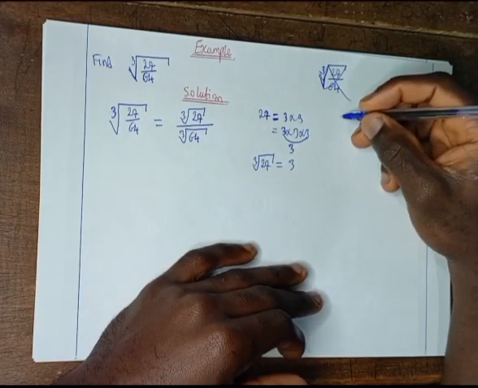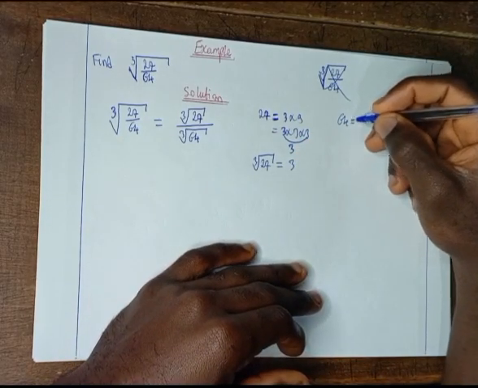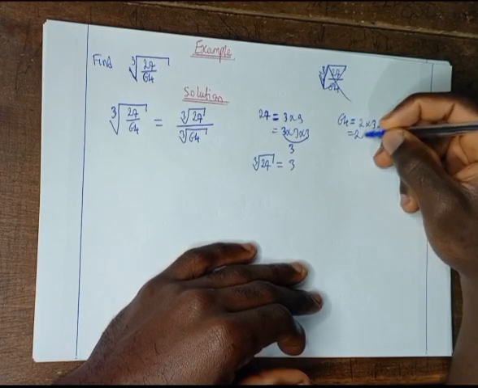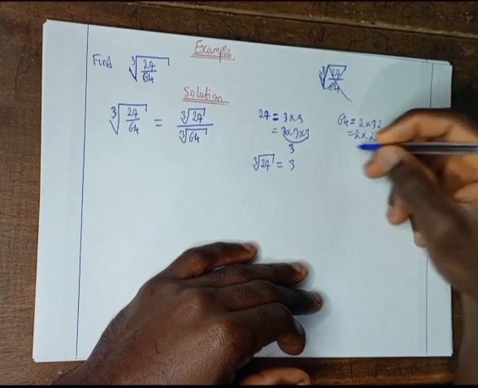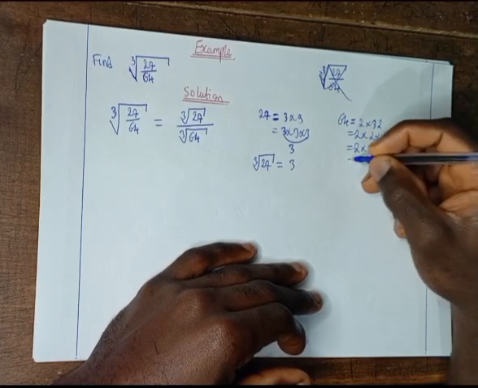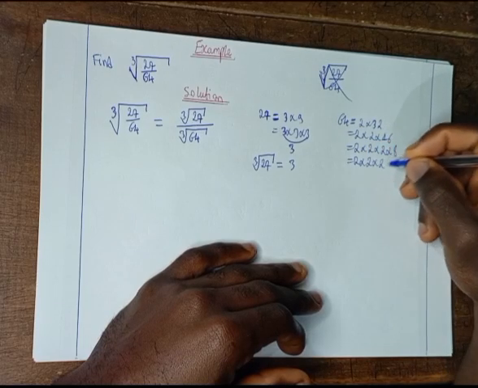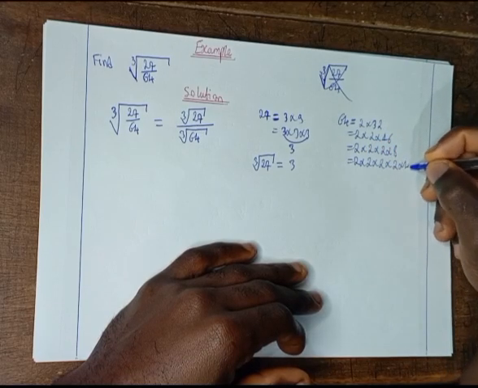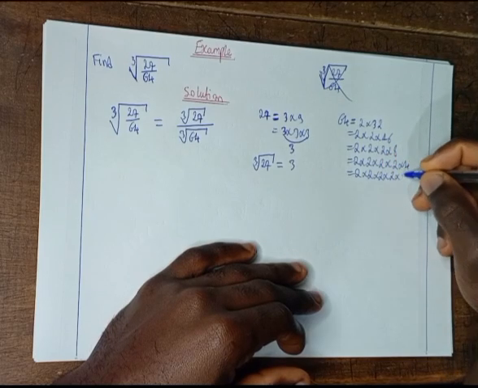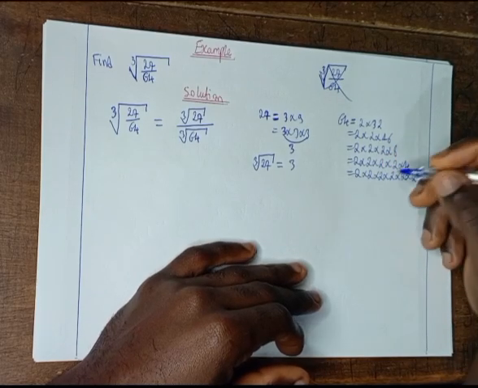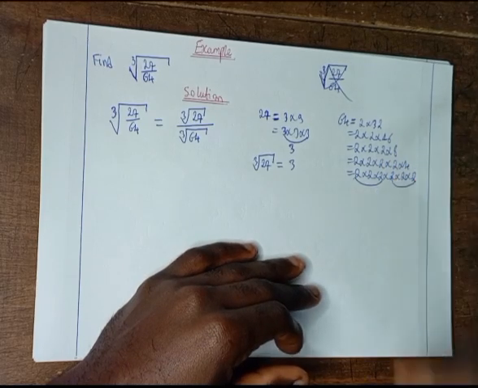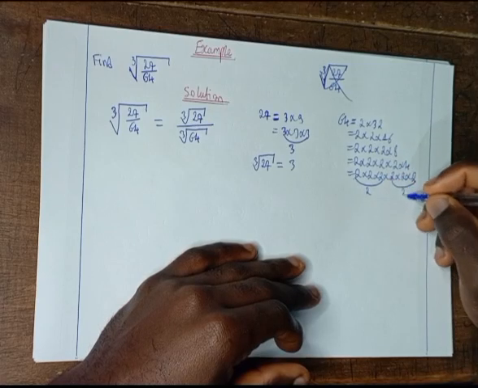Now for 64, in the prime factorization of 64, you know this is 2 times 32, which is 2 times 2 times 16, which is 2 times 2 times 2 times 8, which is 2 times 2 times 2 times 2 times 4, which is 2 times 2 times 2 times 2 times 2 times 2. So we are going to group them in groups of 3. Here we have 2, 2.